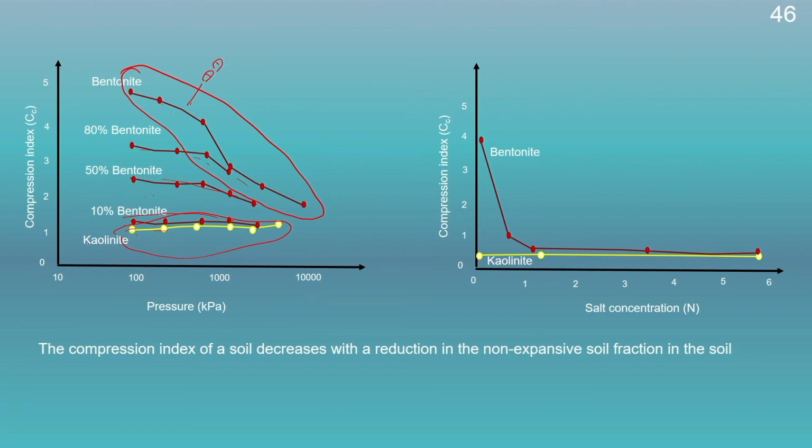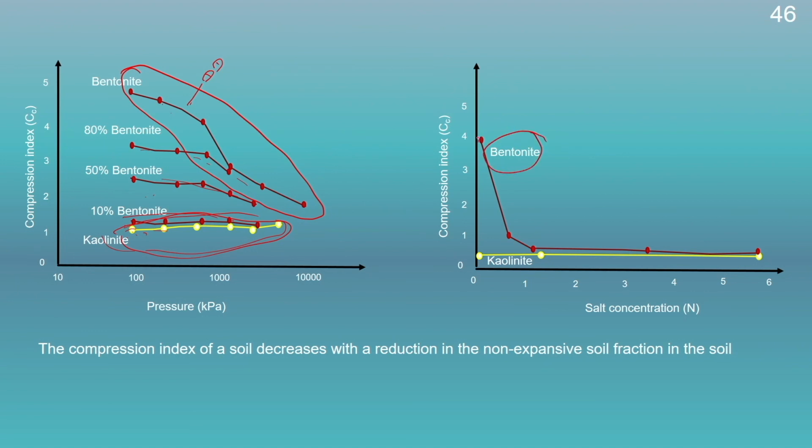If we look into the kaolinite here, the compression index is almost identical and it is not affected significantly in presence of different pressure, and it will be very low in comparison to an expansive soil, say for example montmorillonite.